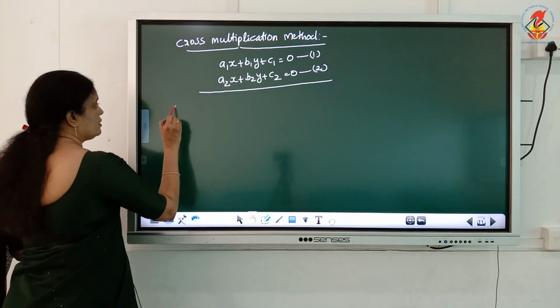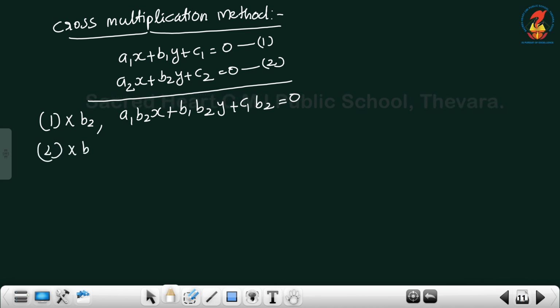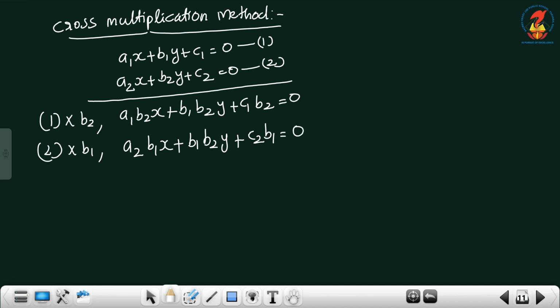First equation into b2: a1 b2x plus b1 b2y plus c1 b2 equal to 0. Next is the second equation into b1: a2 b1x plus b2 b1 y plus c2 b1 equal to 0.